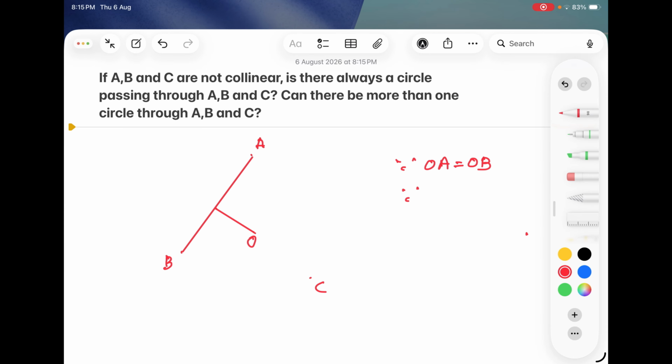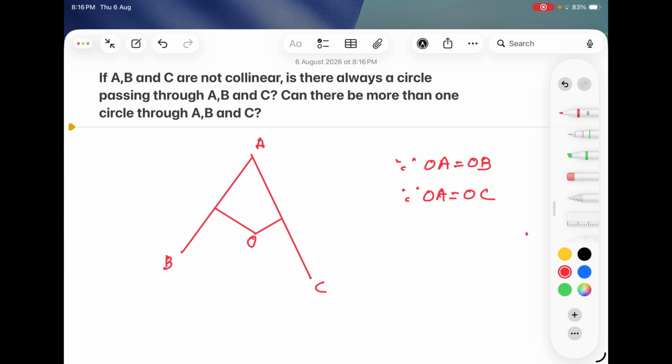Similarly, since OA equals OC, if you draw a line segment AC and draw a perpendicular bisector of AC, then O lies on this perpendicular bisector of AC.